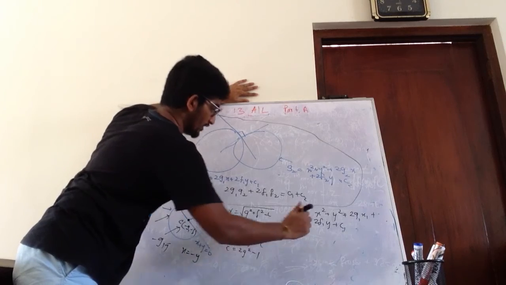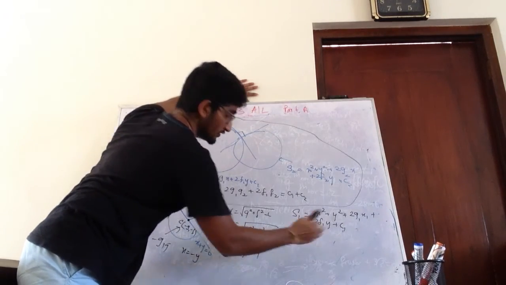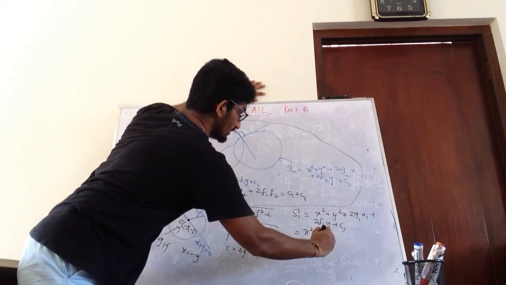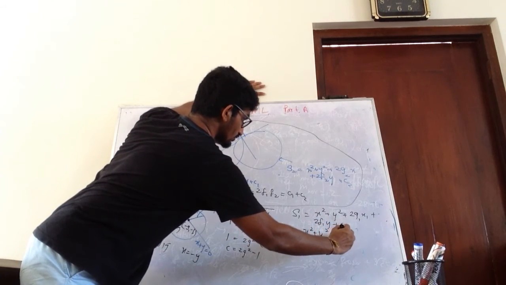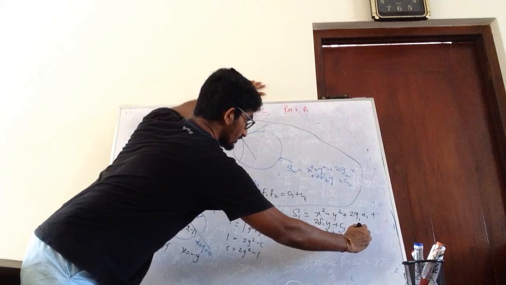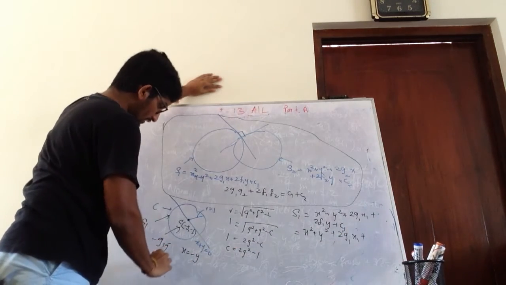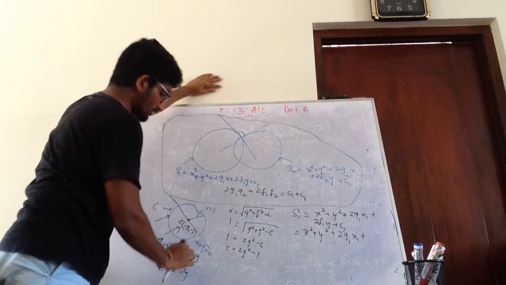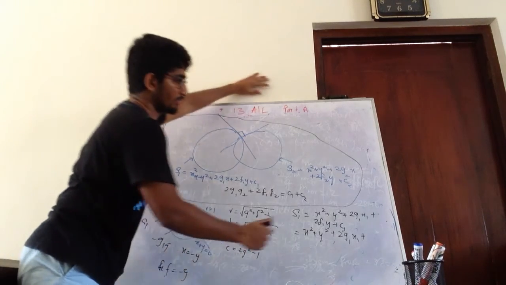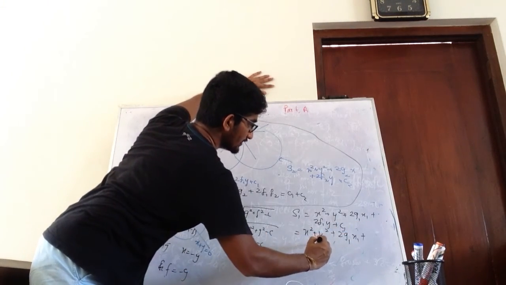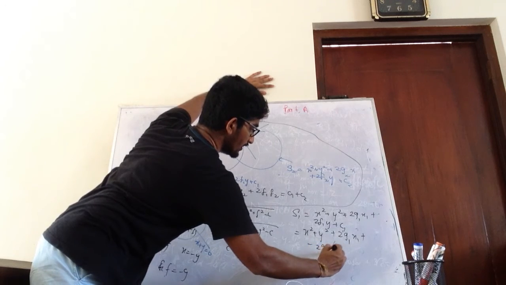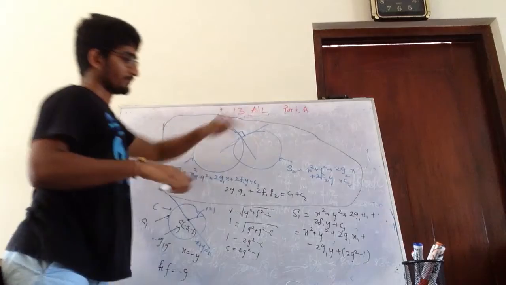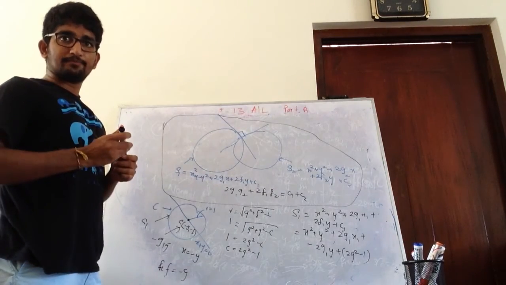So basically now f is minus g here, correct? So minus 2g1y plus 2g square minus 1, right?